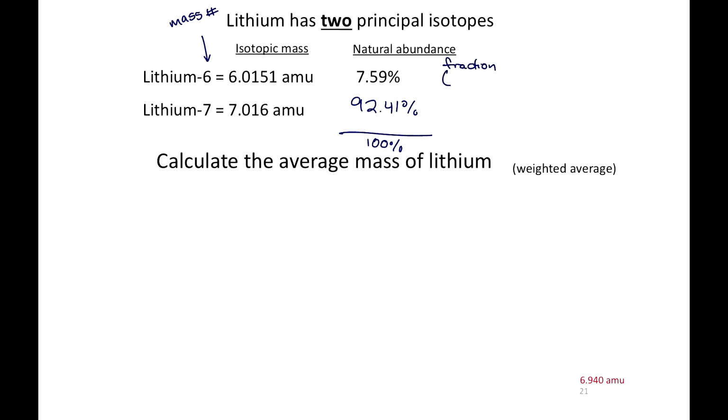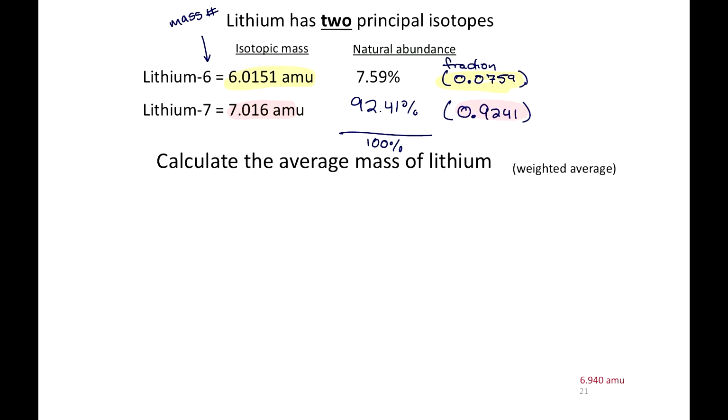So the fractions of these is going to be 0.0759 for lithium-6, and then the fraction for the second one is 0.9241. So how I got those fractions is I just took those percentages and divided by 100. Right, so these are the numbers I'm going to multiply: the isotopic mass by the fraction, multiply them, add them up.